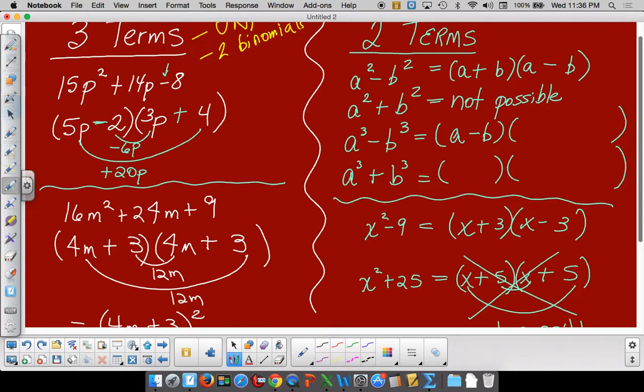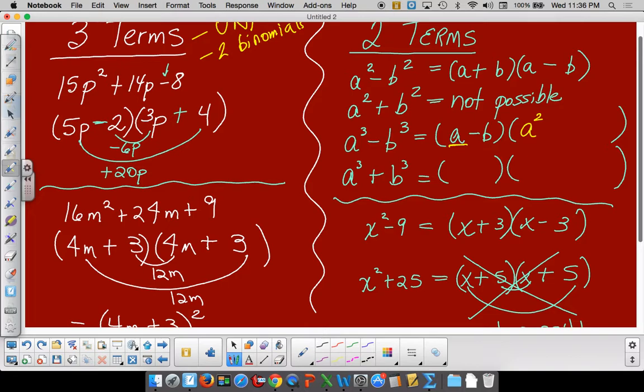Now, the trinomial, the three-term part, hopefully you remember the little saying, square, multiply, square. Square, multiply, square. What does that mean? That means you take the first term you wrote down, take the a, and you square it.